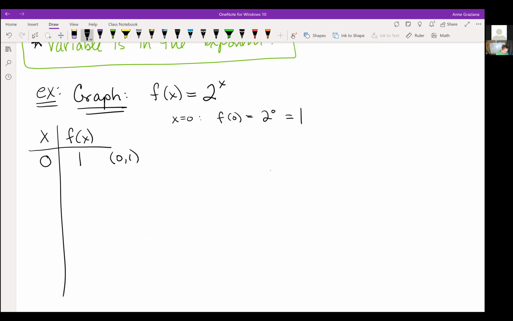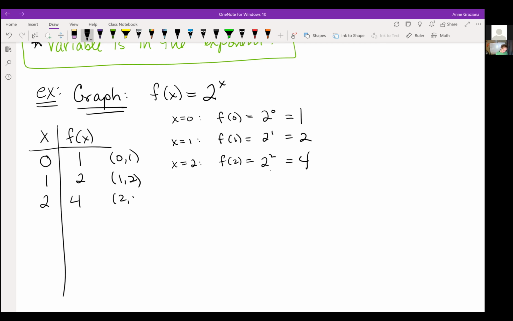All right, let me try 1. If x is 1, we have f of 1 is 2 to the power of 1, which is 2. So far that's easy enough. So that's the point (1, 2), input, output. All right, well, let's put in 2. x equals 2 means f of 2 is 2 squared, which is 4. And that's the point (2, 4).